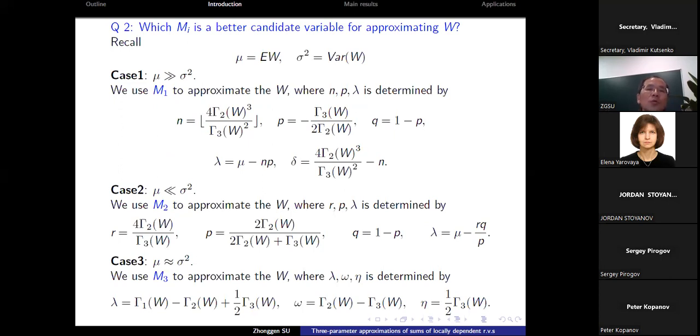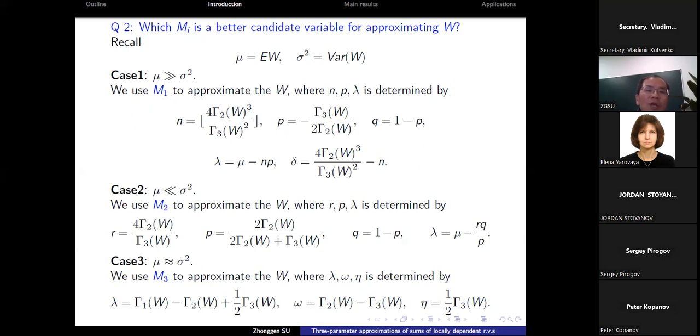And turn to the second question. Which Mi is a better candidate variable for approximating W? Recall, mu stands for the first moment of W, and sigma square is the variance of W. We just compare mu and sigma square. We consider the following 3 cases separately.